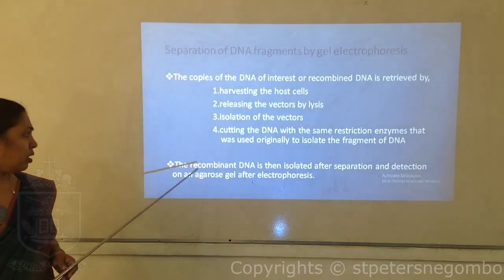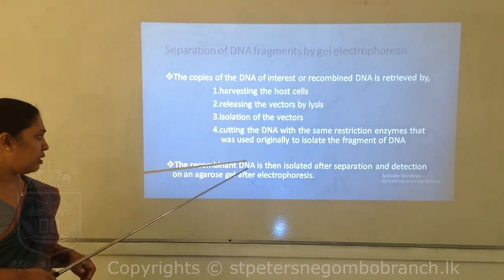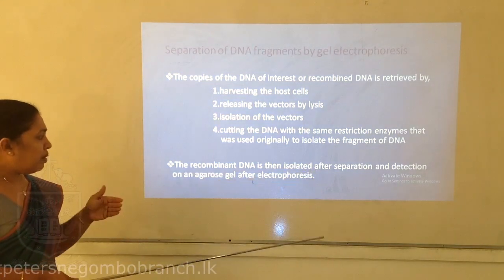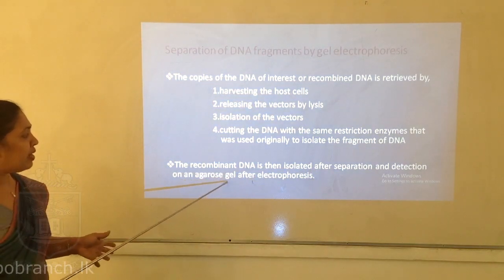So using any of these methods, recombinant DNA can be isolated, and that can be detected using agarose-gel electrophoresis.